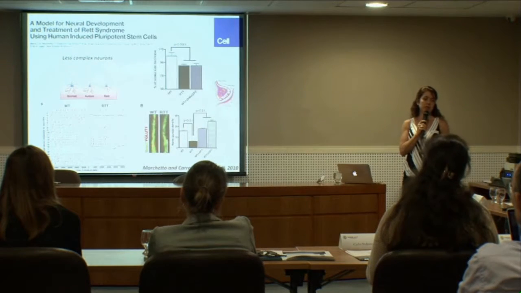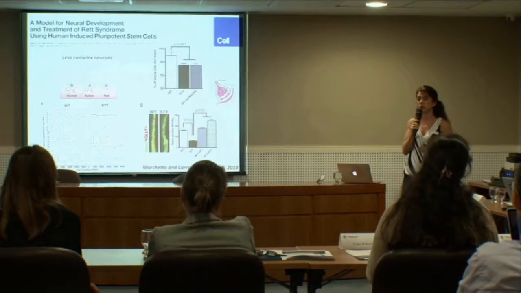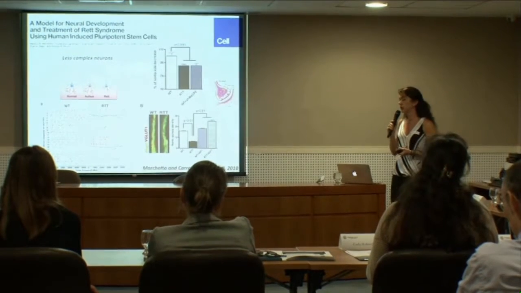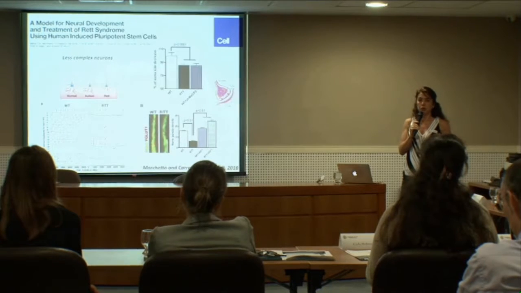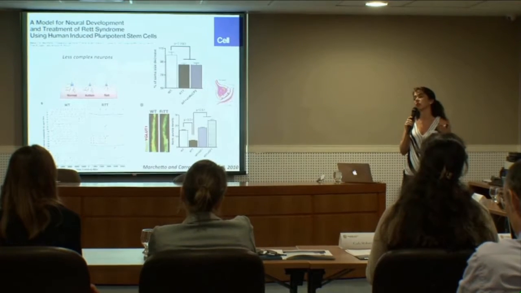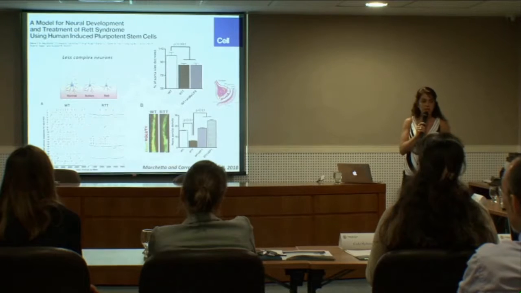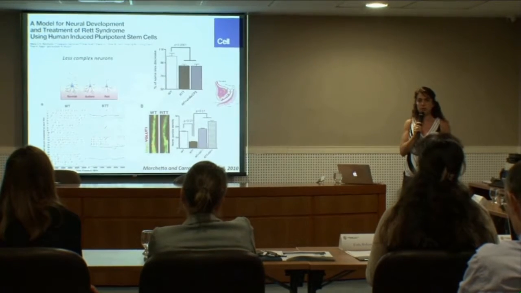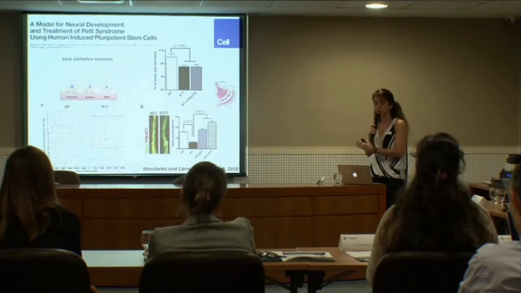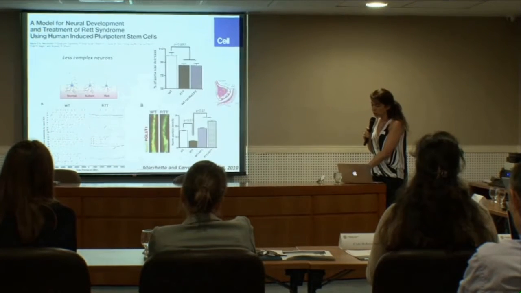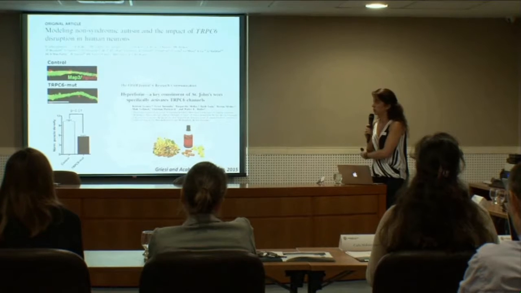So we have this clinical trial on Rett syndrome using IGF-1 because of this work. This is a model showing that we can use mini brains in a dish to test drugs. We don't need animals. In this case, it's especially important for autism to use brains in a dish.